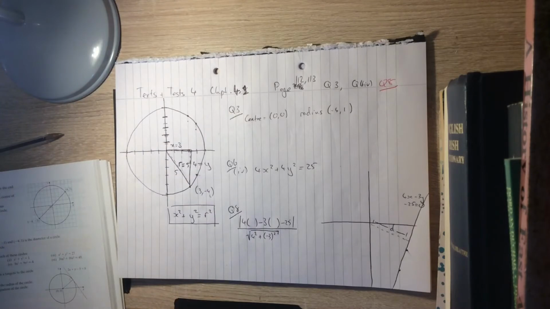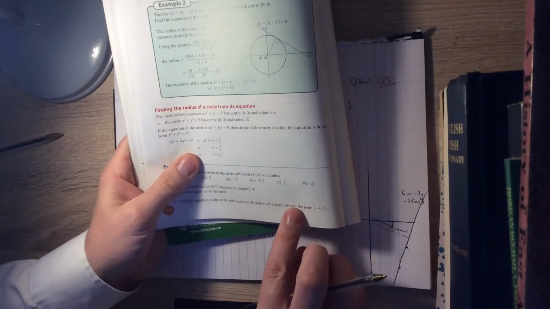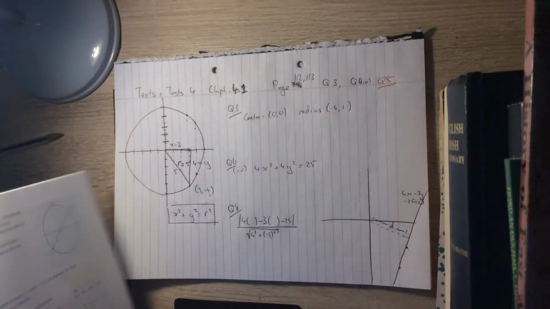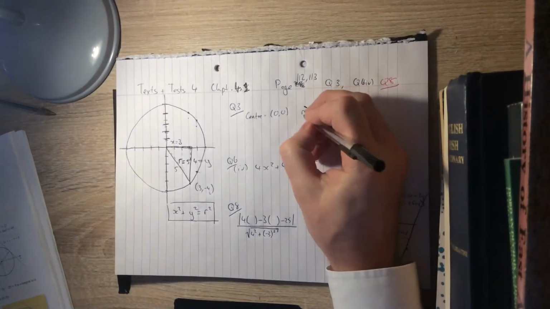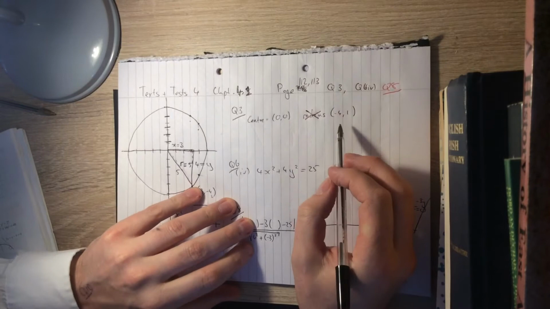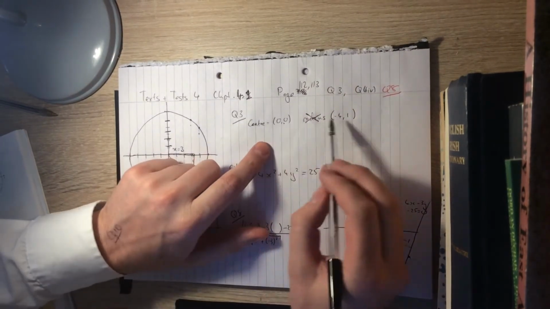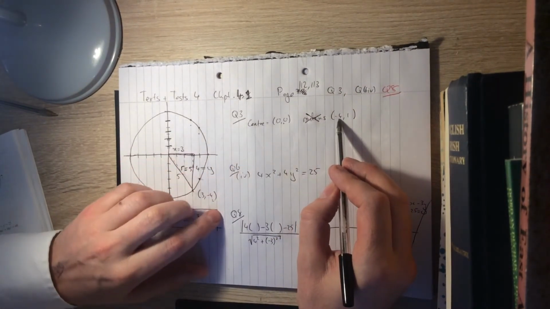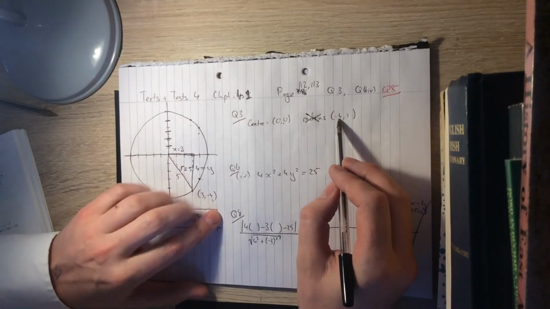Question 3 asks us, find the equation of the circle with center 0, 0, which passes through the point minus 4, 1. So we need to say, first of all, what's the distance between those two points? Because that is going to be the radius of our circle.